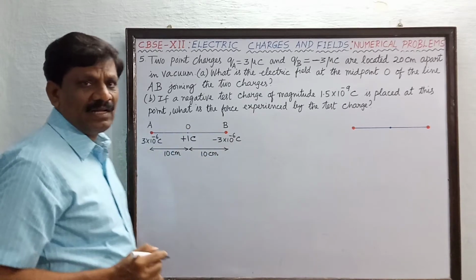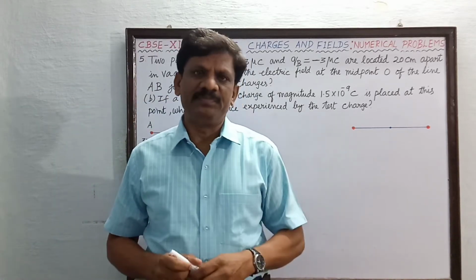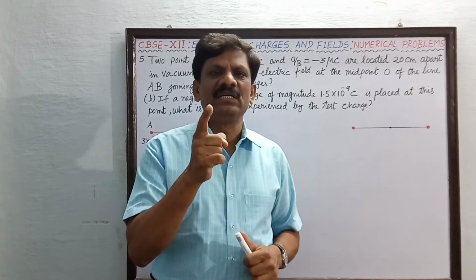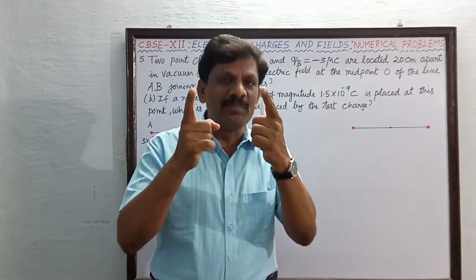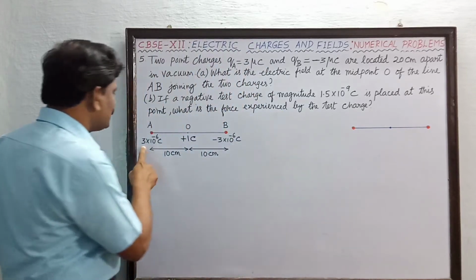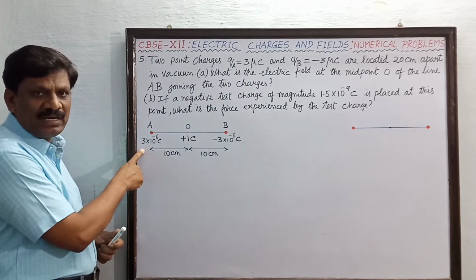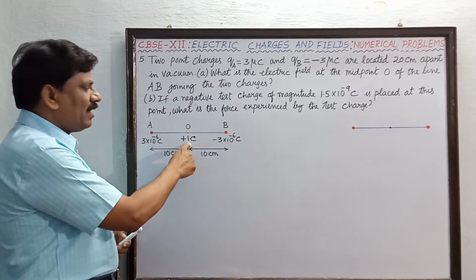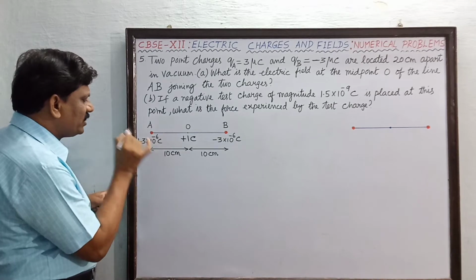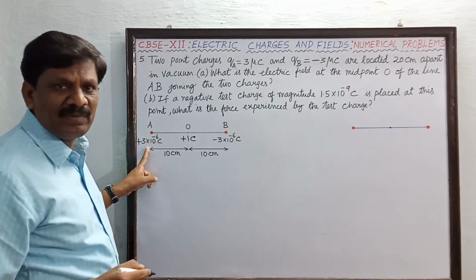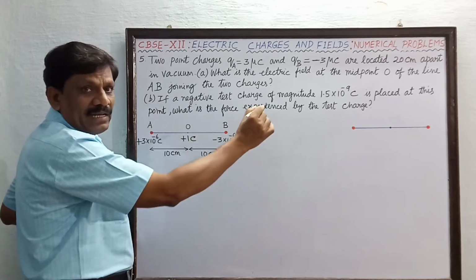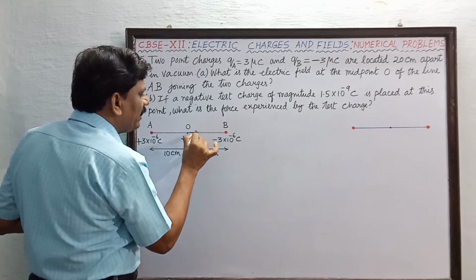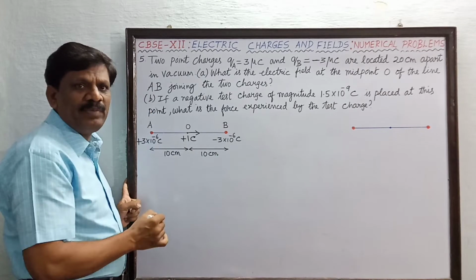Will this positive charge experience a repulsive force due to this positive charge of 3 microcoulomb or not? Yes, sir. So this is a positive charge and this also is a positive charge, so it will be repelled. So this point charge will be repelled towards the point B.